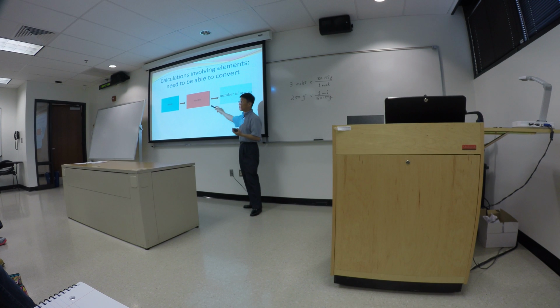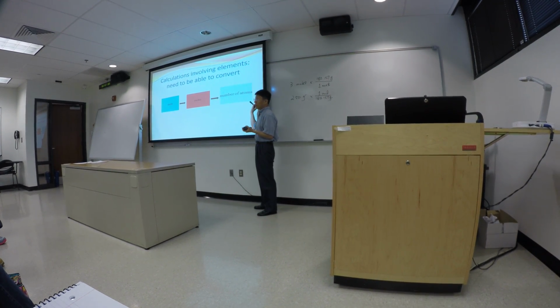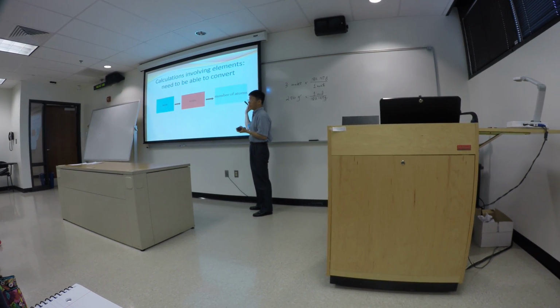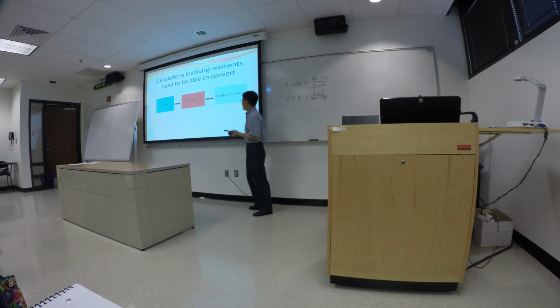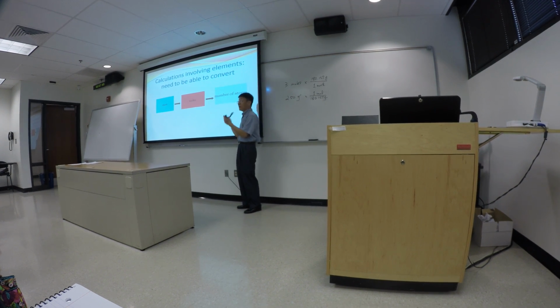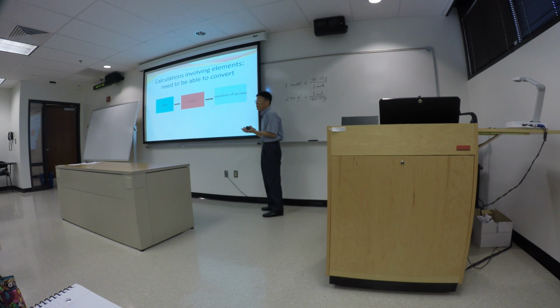What's the conversion factor going from moles to number of atoms? That Italian scientist, we gave you the name, Avogadro's number. So each mole will have 6.02 times 10 to the 23, that many number of particles there. If you have 3 moles, 3 times 6.02 times 10 to the 23.